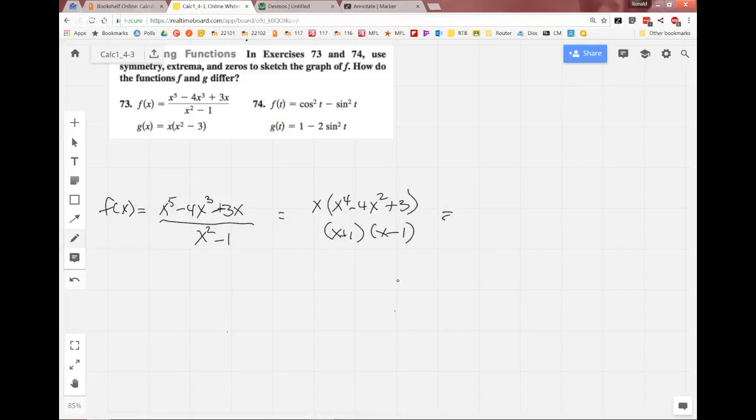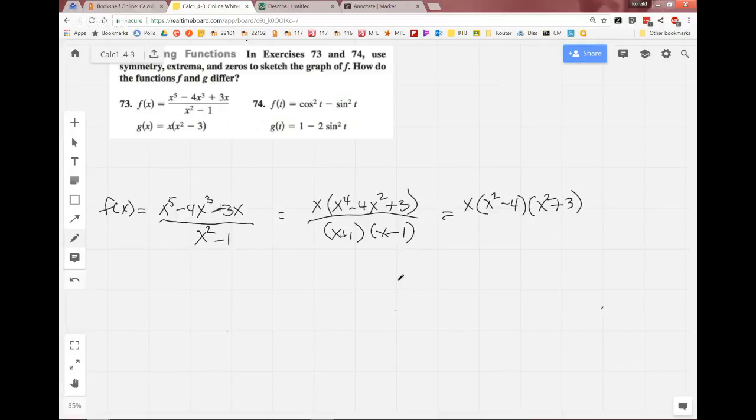Okay, so that's x times... The 4 has got to be negative, doesn't it? So x squared minus 4, x squared plus 3.